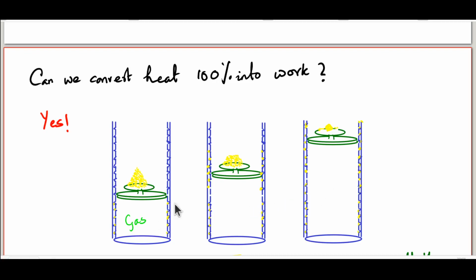But as far as this portion of the process is concerned, the expansion of the gas alone, the heat is being converted completely into work, assuming of course that the gas is an ideal gas, so that since it's maintained at a constant temperature, it does not change its internal energy. But the important issue is that it is not without any other effect. The gas has expanded.